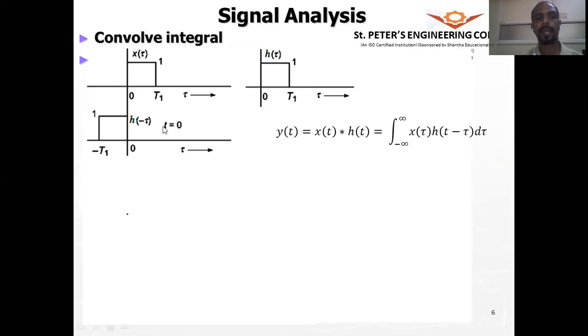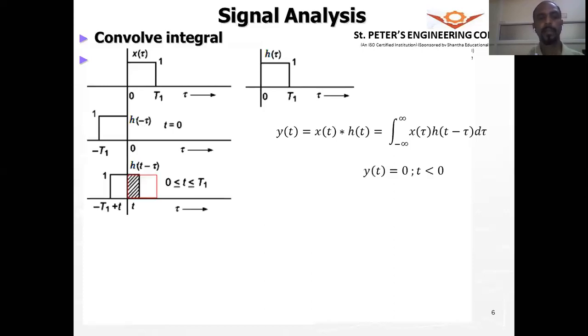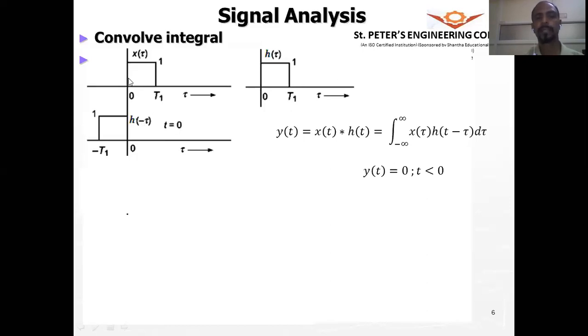When t takes a value less than 0, there is no overlap, as I said. So when I shift h of minus tau by t units, this 0 point will now be called the t point. So when t takes a value less than 0, as from the previous understanding, there will be no overlap.